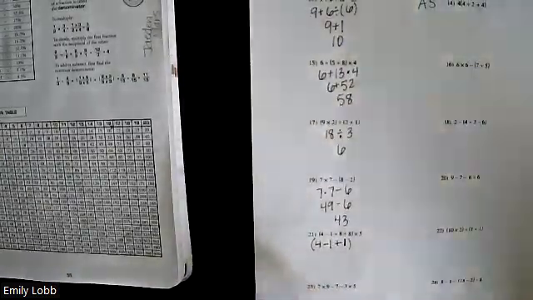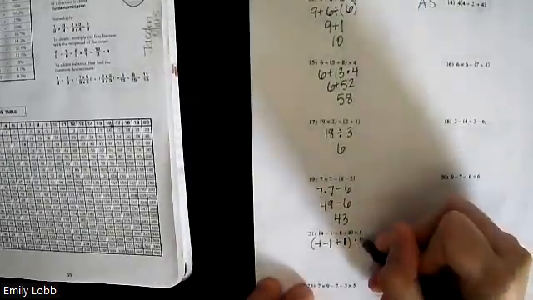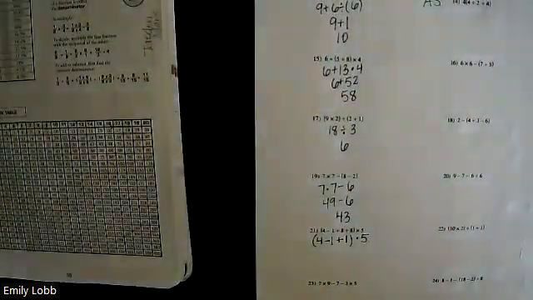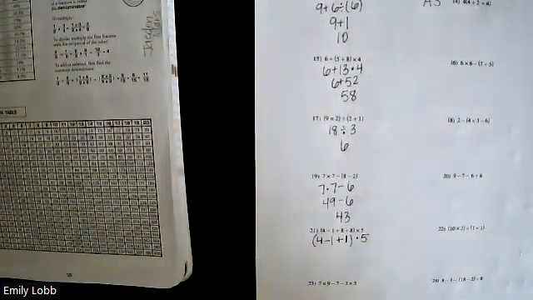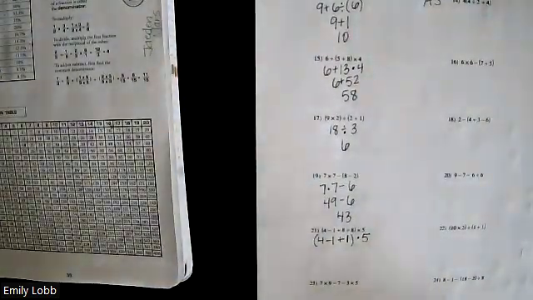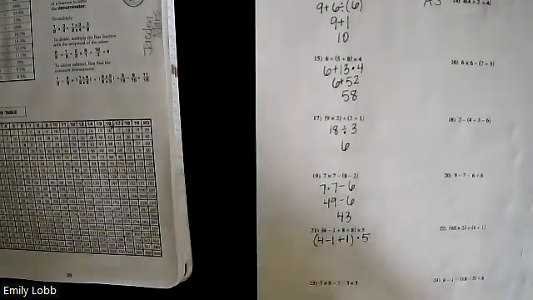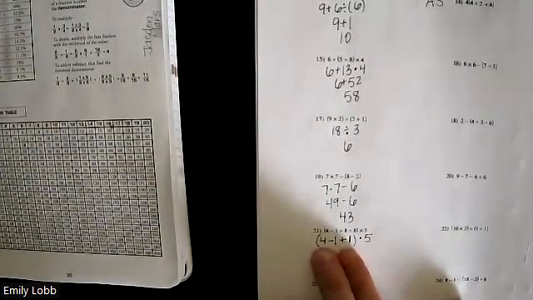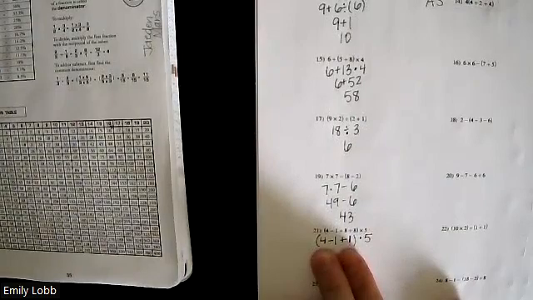Now, that's a lot to bring down, but it's important that you do not miss any steps, right? We don't want to leave anything behind. What do I do next? Inside my parentheses still. Do I add or subtract?